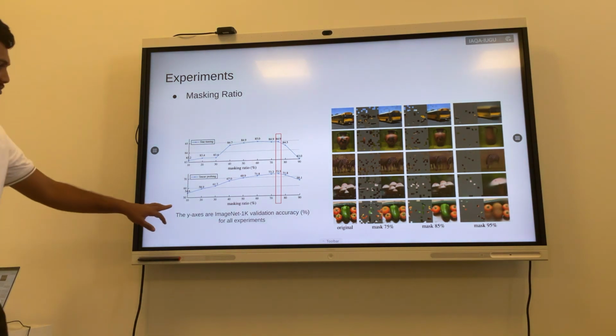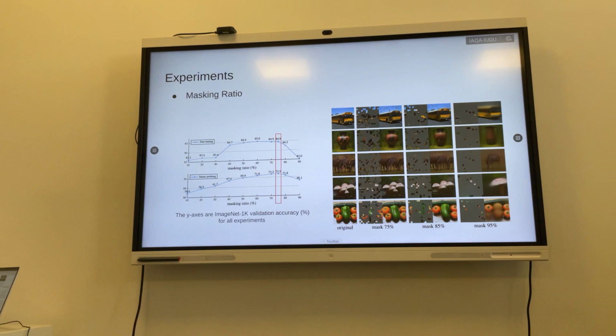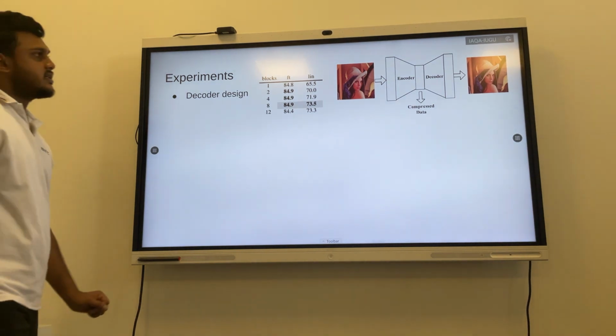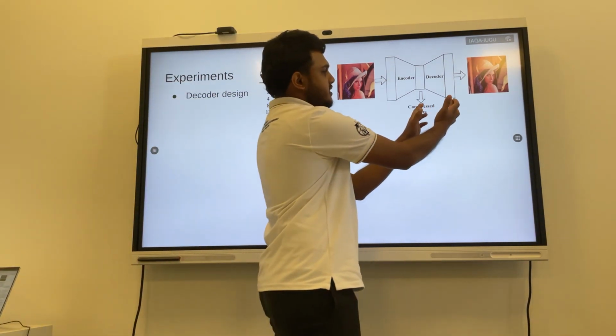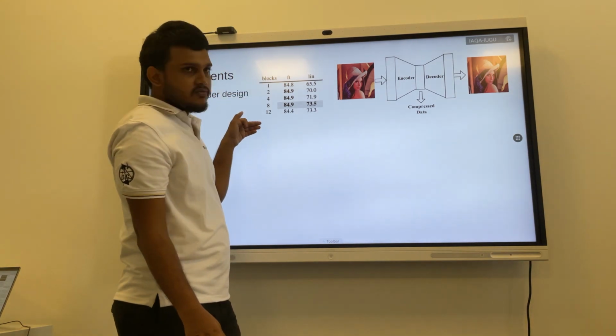Also, I should tell you the values you are seeing here are the ImageNet 1K validation accuracy. And then they have tested the decoder design. As I said, we can make the decoder shallow, right? They have tested with different numbers of blocks in the decoder.